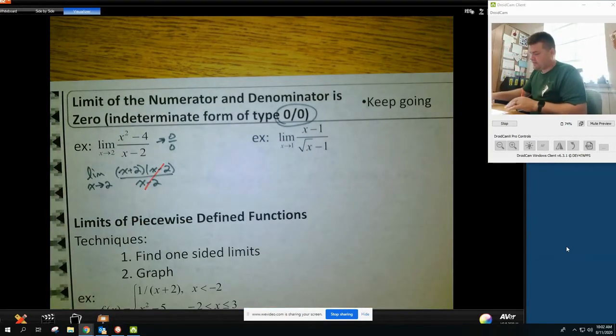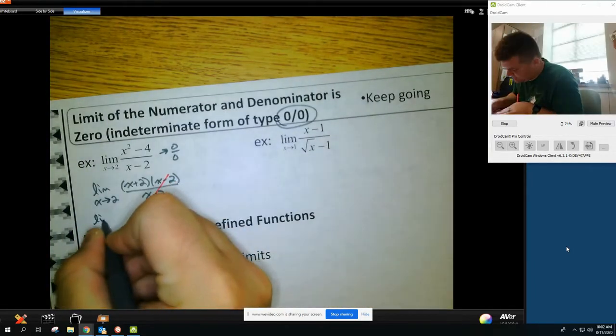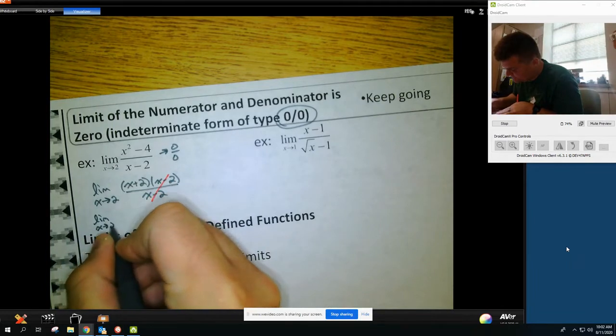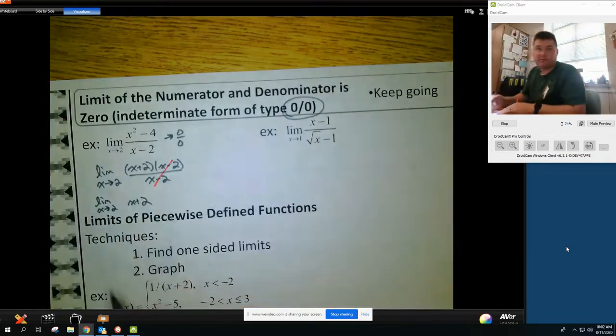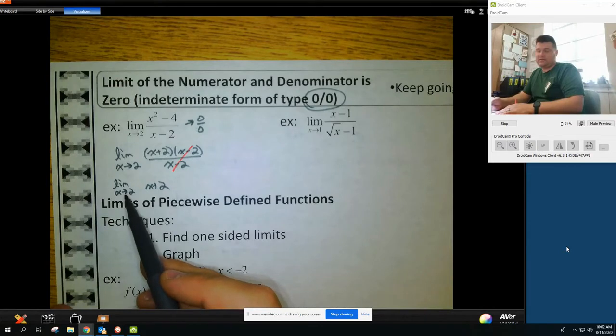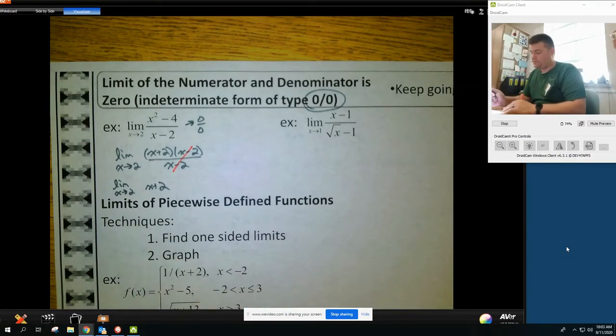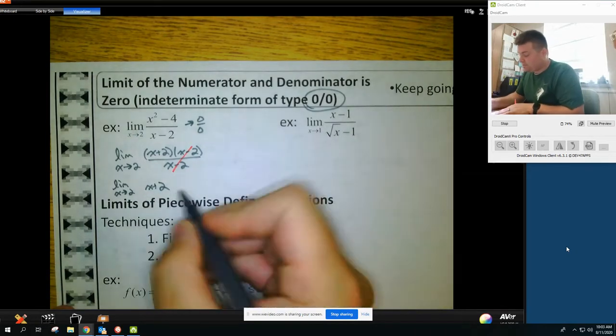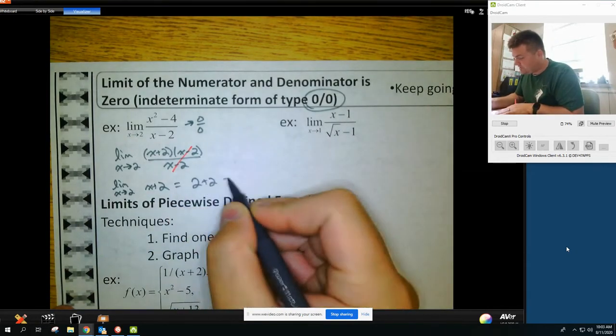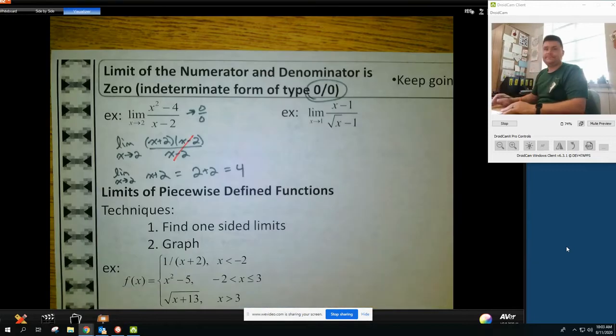So I'm left with just the x plus 2. So the limit as x approaches 2 of x plus 2. You notice I keep writing limit because I'm following correct mathematical procedure. Now I'm ready to plug in the 2, so I can just do 2 plus 2, which is 4.